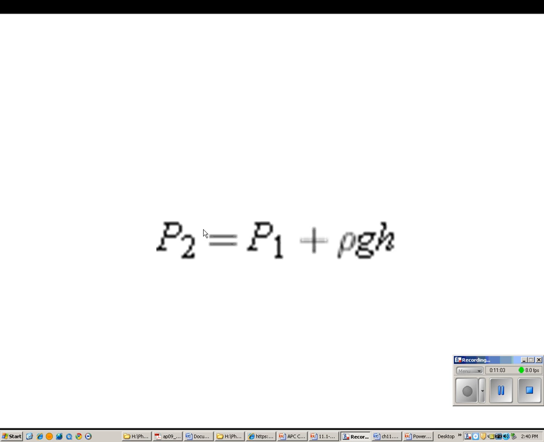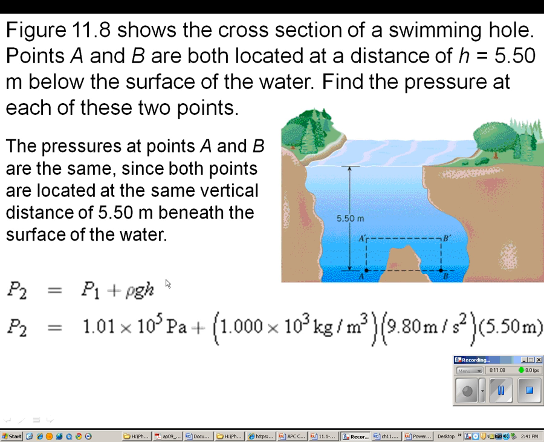That P2 pressure is just the pressure on the underneath end, let's say, and the P1 is up on top. So in the previous example that we worked on, we wanted to find the pressure, for example, down here at A. That would be our P2, and our P1 was the atmospheric pressure up above, and the rho gh was the pressure due to the water.